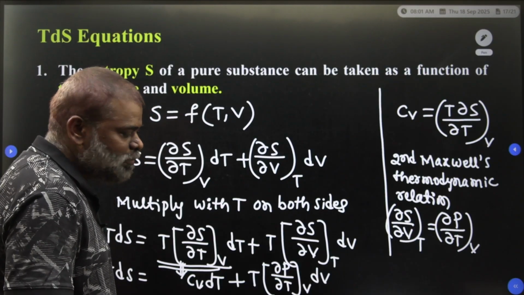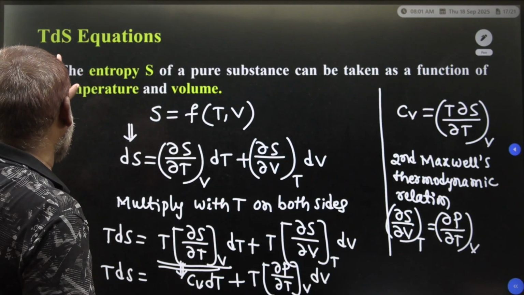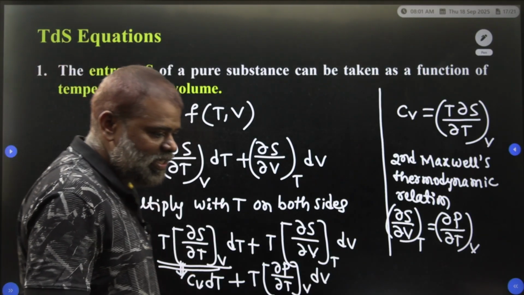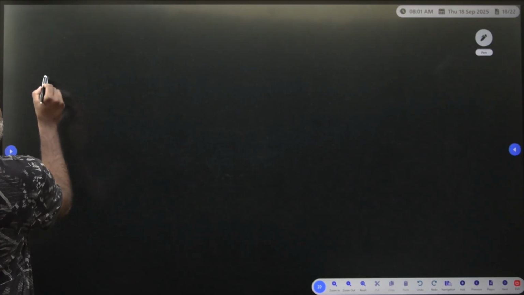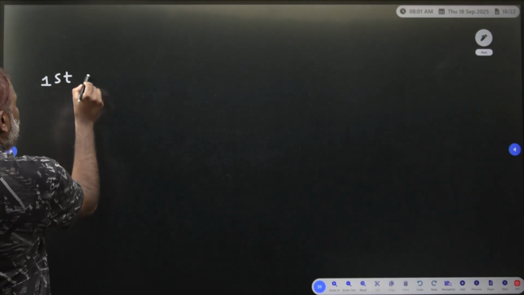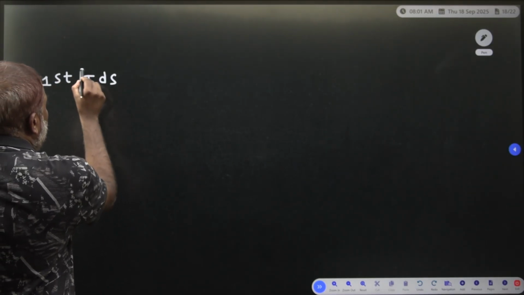We call this expression the first TdS equation.